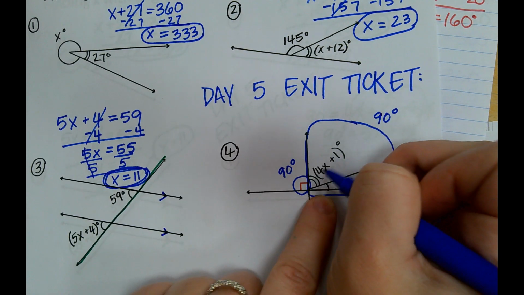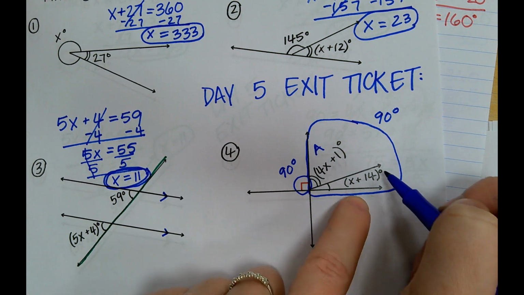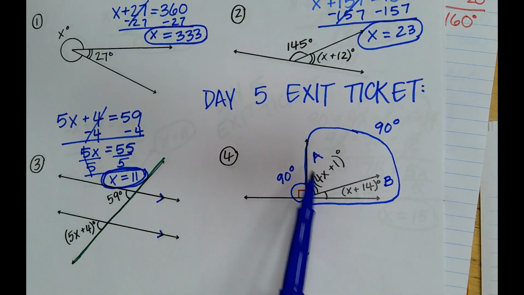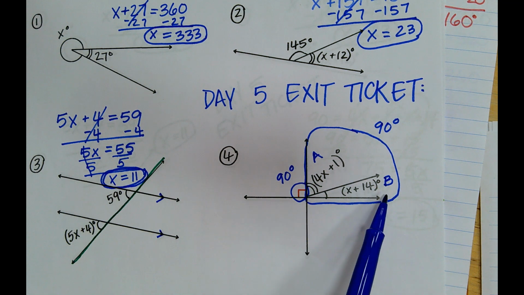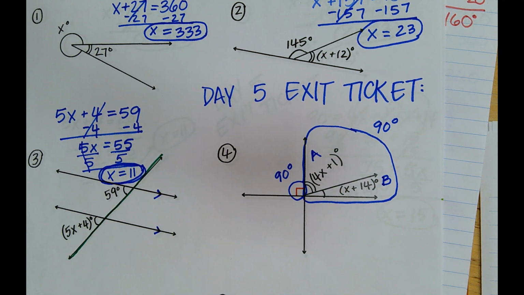So let's say this wasn't 4x plus 1. Let's say this was A. And let's say this wasn't x plus 14. Let's say it was B. What could I say about A, B, and 90 degrees? A plus B equals 90 degrees.